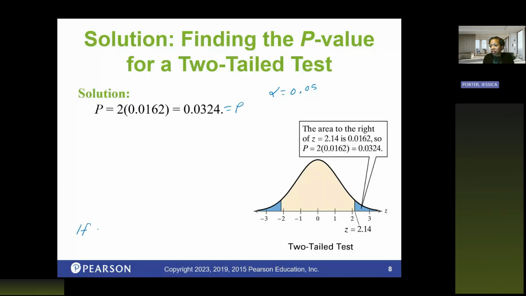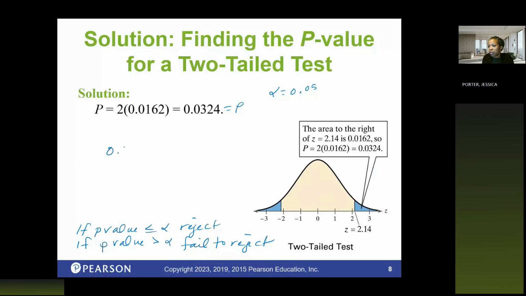Let's write the rules again. If p-value... So which one's bigger? Let's put them together. 0.0324 and 0.05.